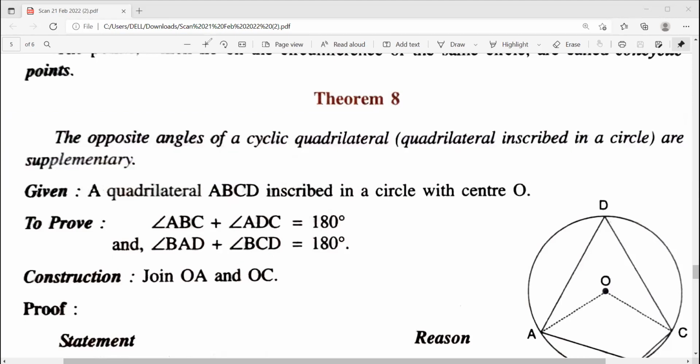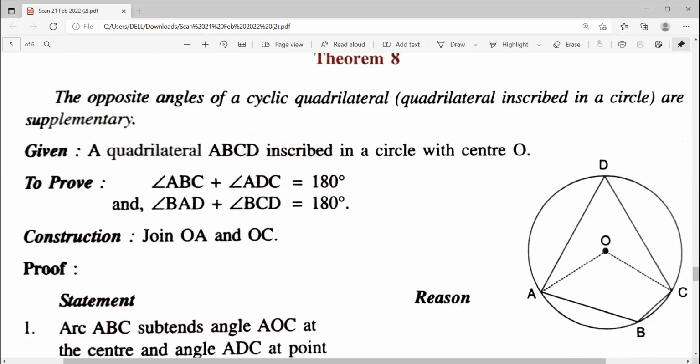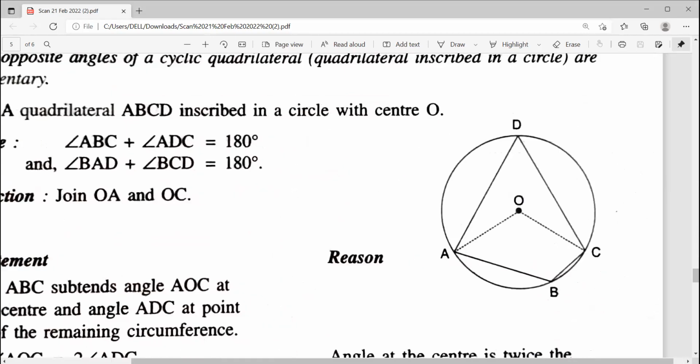Now here I show you what that means. See, you have here a circle and a quadrilateral inscribed in this circle. That is, all the vertices. You can check the vertices of the quadrilateral A, B, C, D. What do you notice? That these vertices are lying on the circumference of the circle.